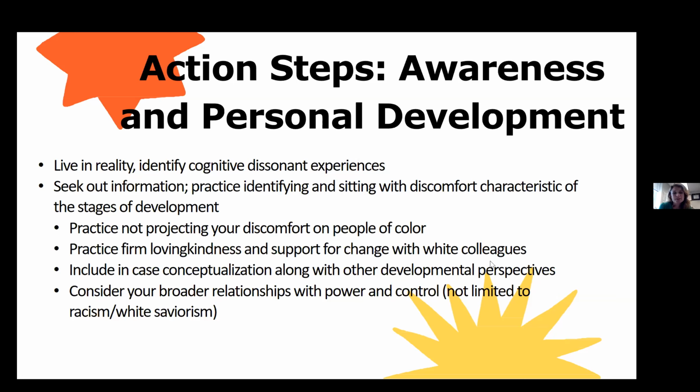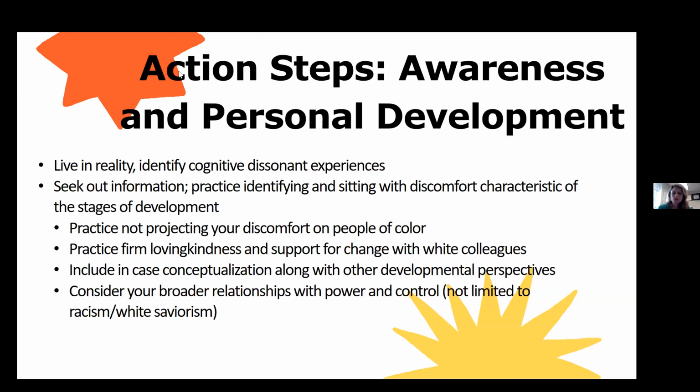You might want to include it in your case conceptualizations if you're still doing any type of practicing. It can be important to consider with other developmental considerations. And also, take the time to think about your broader relations to power and control. Going back to the beginning, this is a social construct that's based on tying physical features and skin color to notions of superiority and inferiority as a way to gain power and take power.